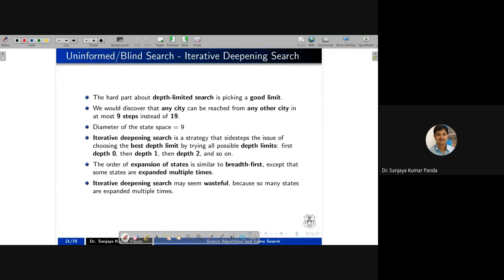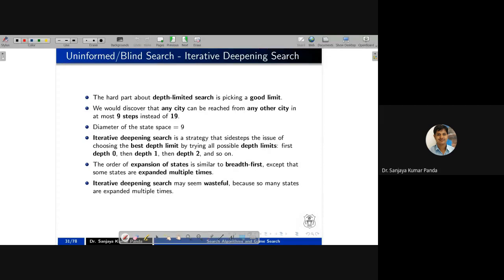Alternatively, any city can be reached from any other city in at most 9 steps. Although there are 20 cities and the worst case is 19, given the way they are connected, at the most it is 9 steps, because the diameter of the Romania map state space is 9.